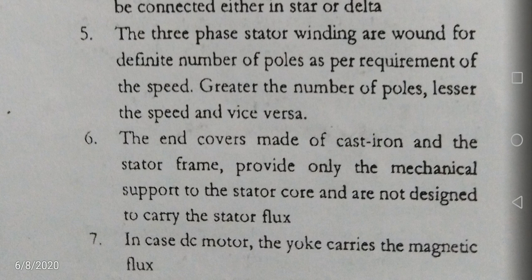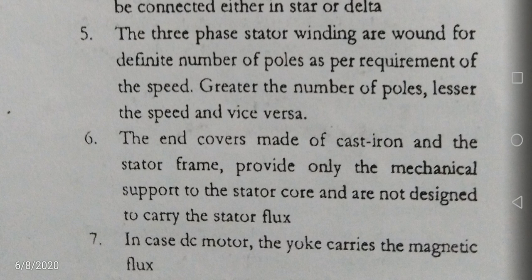The end covers are made up of cast iron, and the stator frame provides only mechanical support to the stator core and is not designed to carry the stator flux.